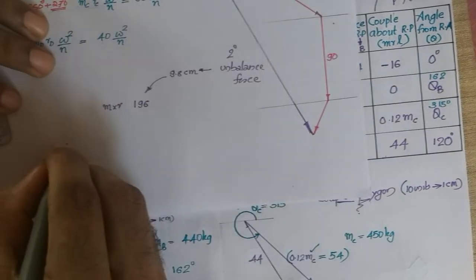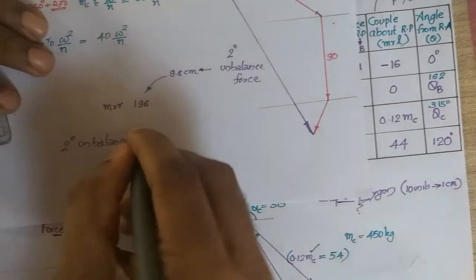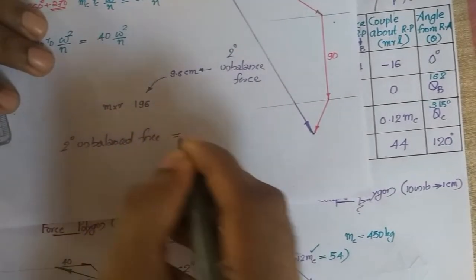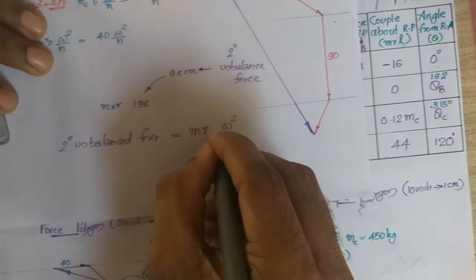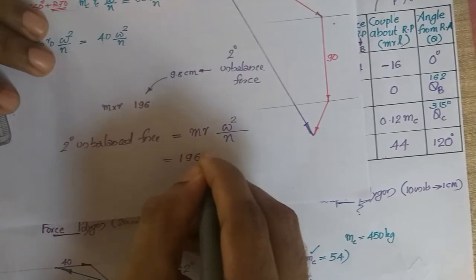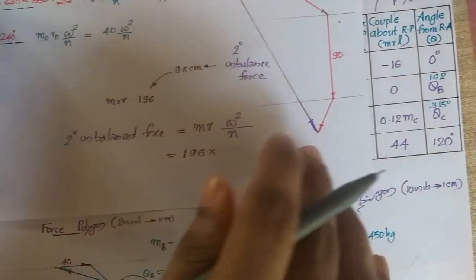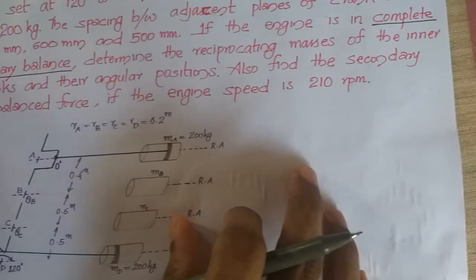For getting the secondary unbalanced force, you have to multiply this M into R into omega square by N. So this is equal to 196 into omega square. The omega value is given in the question as 210 rpm, that you can convert.